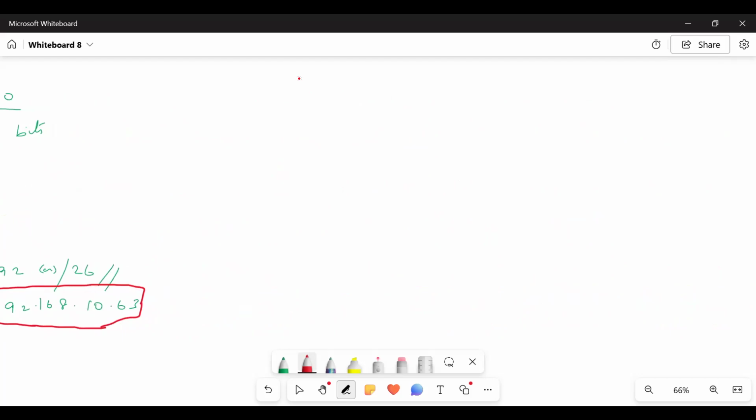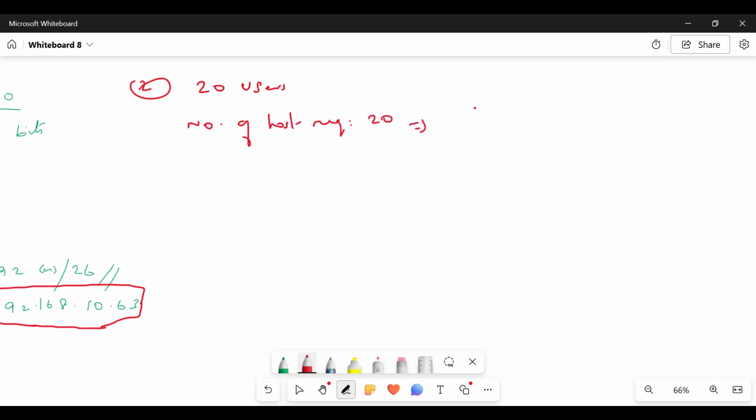The other 20 users, second step, the same way. Number of hosts required is 20.